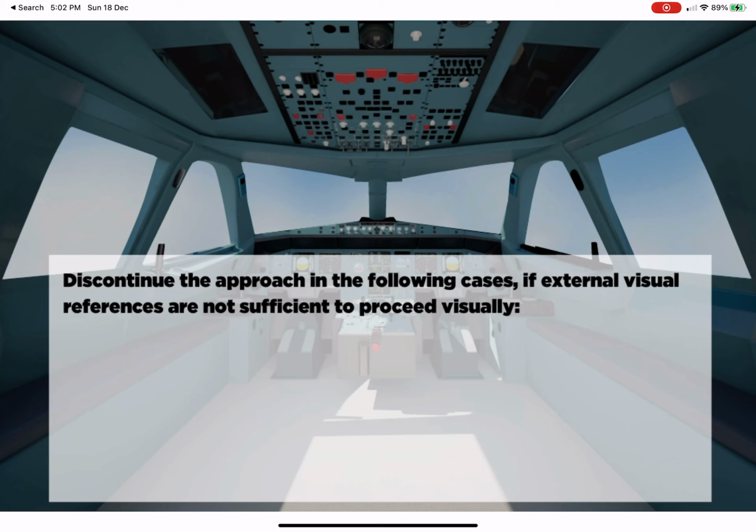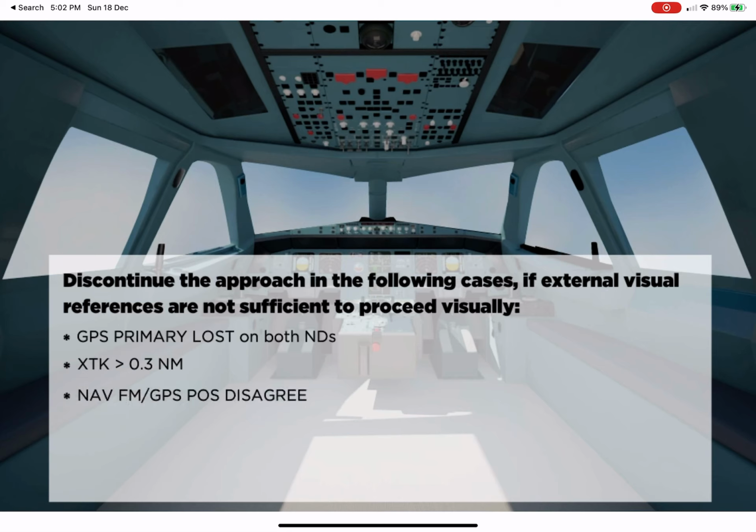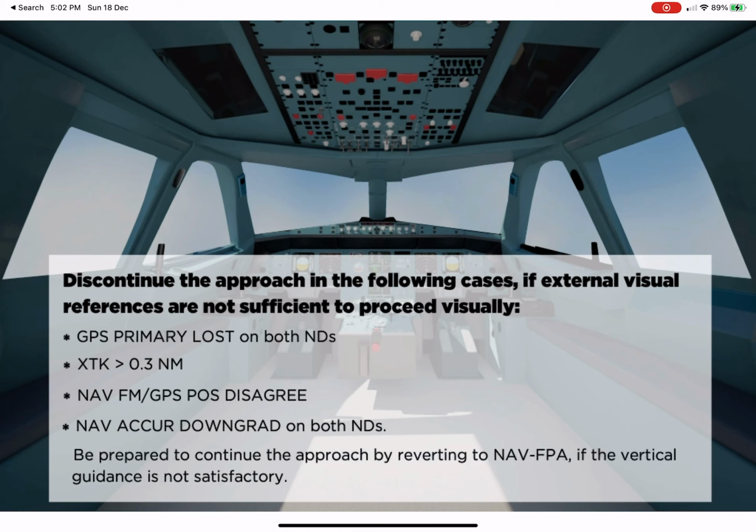Discontinue the approach in the following cases, if external visual references are not sufficient to proceed visually: GPS PRIMARY LOST on both NDs, cross-track deviation greater than 0.3 nautical miles, NAV FM/GPS POS DISAGREE, NAV ACCUR DOWNGRADE on both NDs. Be prepared to continue the approach by reverting to NAV FPA, if the vertical guidance is not satisfactory.